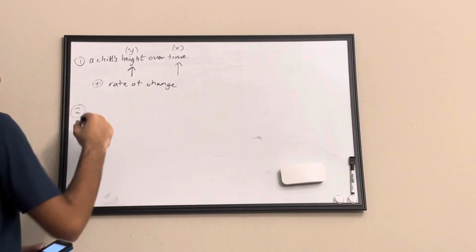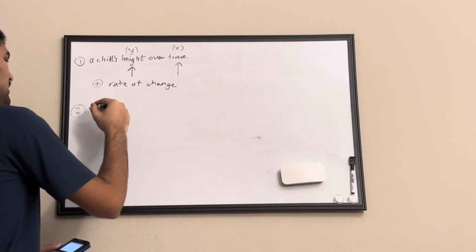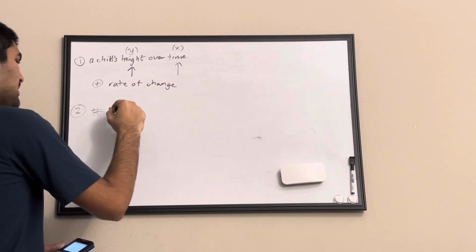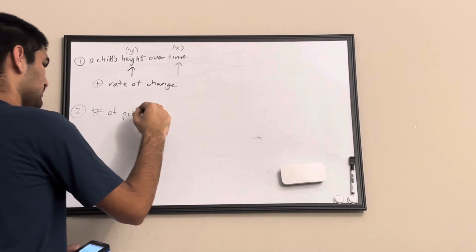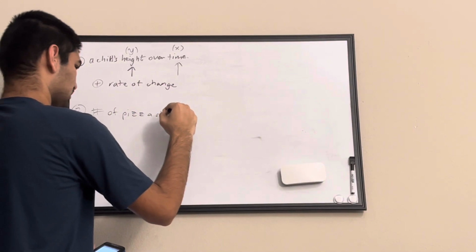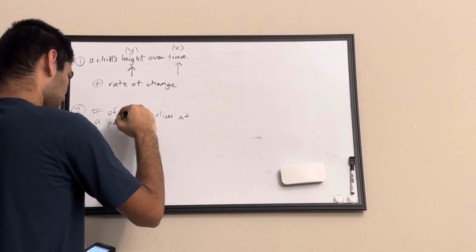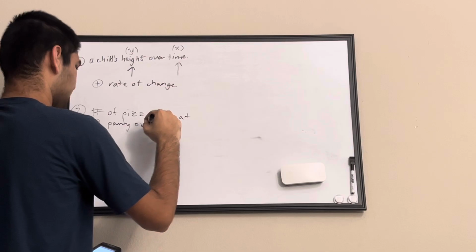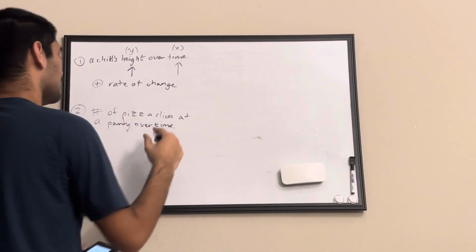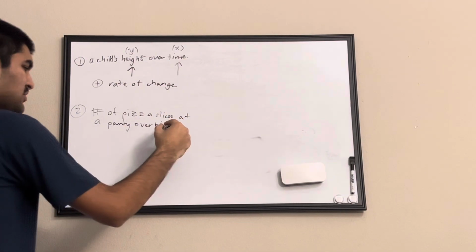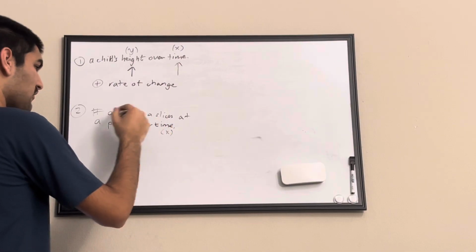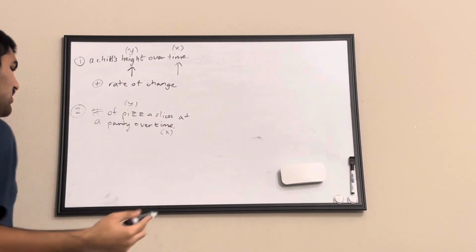Okay, let's try another one. So let's say the number of pizza slices at a party over time. Again, you're dealing with time as your independent variable, and the number of pizza slices is your dependent variable.